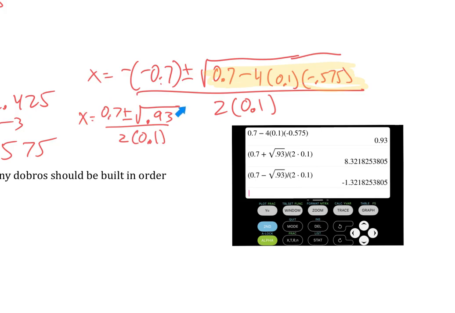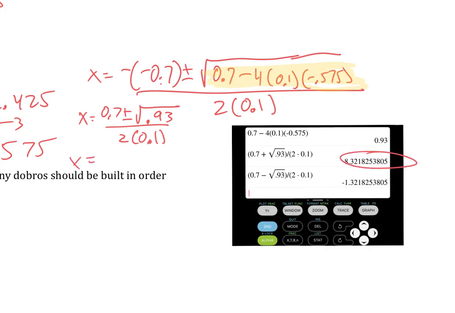And then go to your calculator, put parentheses around the whole top, divided by the parentheses of the whole bottom. Or if you just do it in your head, you don't need the parentheses there. Then we need to do the plus version because it's plus or minus. That comes out to be 8.32, or the minus version. Okay, so there you have it. Watch out, a lot of mistakes people make on that. We want the positive one.